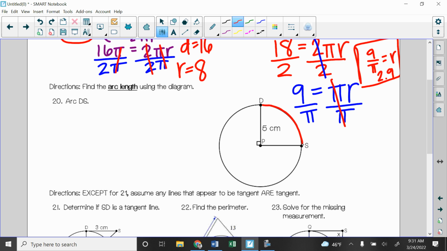So how could you find the circumference of this entire circle? Yeah, 2 pi 5. 2 times 5 is 10, so this is 10 pi. Are you okay with that? 10 pi is the length all the way around. I don't want all the way around. How much do I want? 1/4 of it.